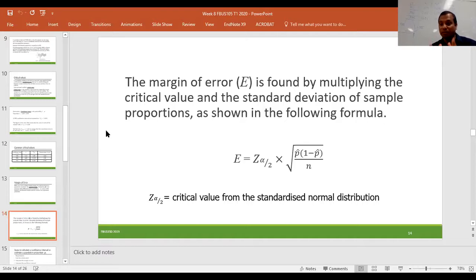Since we are talking about the sample proportion, we are trying to understand the confidence interval estimate of the proportion. That's why we are using the term p hat here. So if you multiply the critical value with the standard deviation of the sample proportion, you will get the margin of error, the difference between what you have observed and the true population parameter. That difference is known as the margin of error.